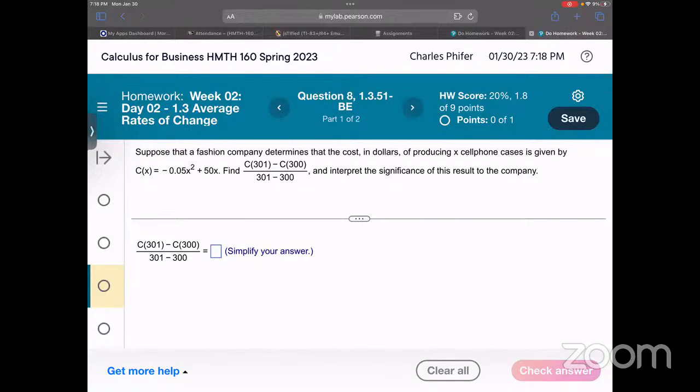This is telling us how much more it's going to cost to produce one more unit above 300 cases. So with this form, all you do is plug 301 into the cost function and get an answer, plug 300 into the cost function and get an answer, and take the first answer minus the second answer divided by 1, because 301 minus 300 is 1, right?